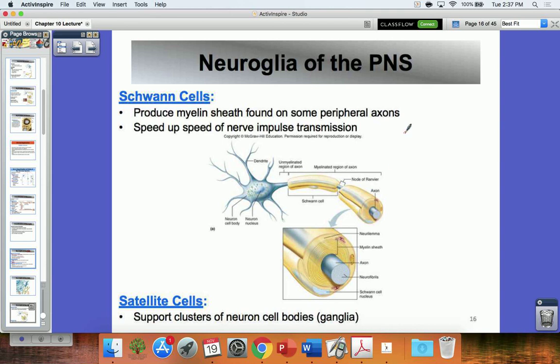And so now we're talking about specifically neuroglia in the PNS, okay? And so these two are only found in the PNS. We've mentioned Schwann cells several times already, producing myelin so that we can speed up the nerve impulses. The next is the satellite cells, and satellite cells are going to be responsible for supporting bundles of neuron cell bodies.